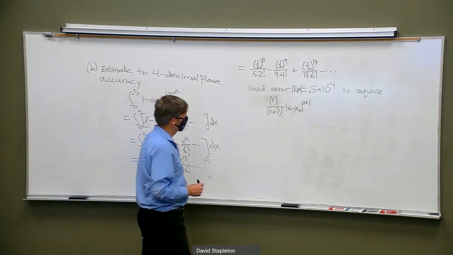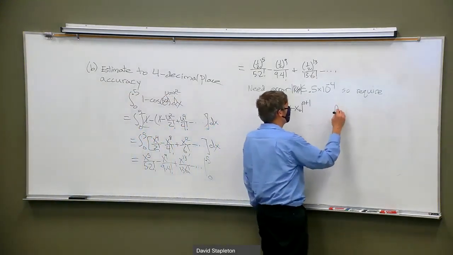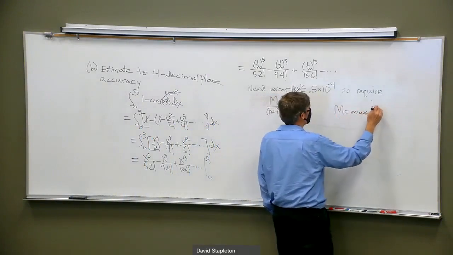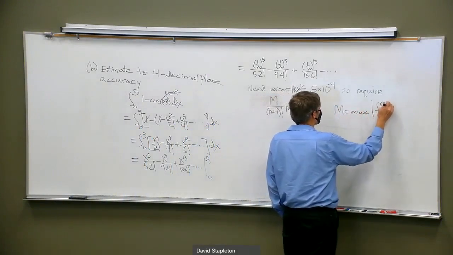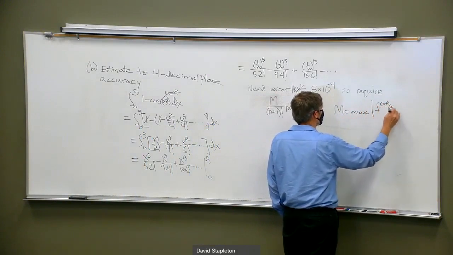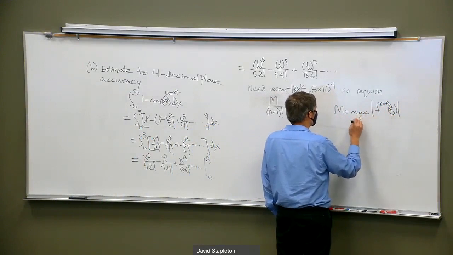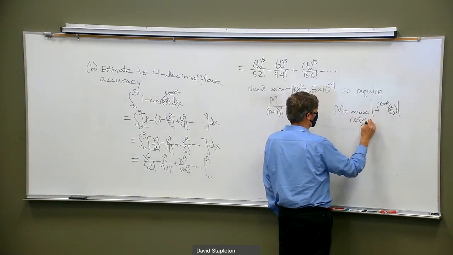Well, M is the maximum absolute value of the n plus first derivative at c, where c is between the point of expansion 0 and the point we're evaluating at, 0.5.